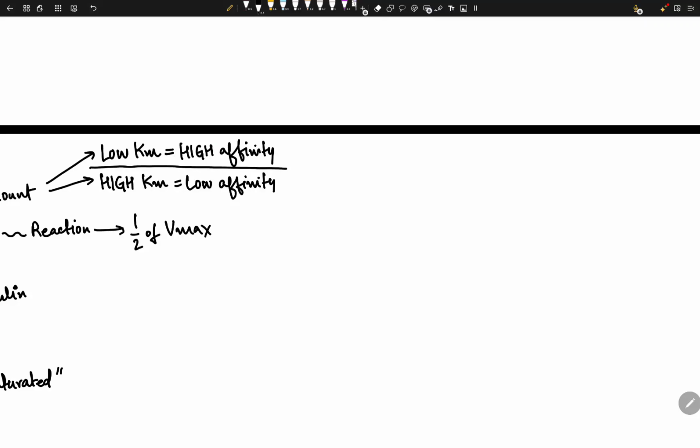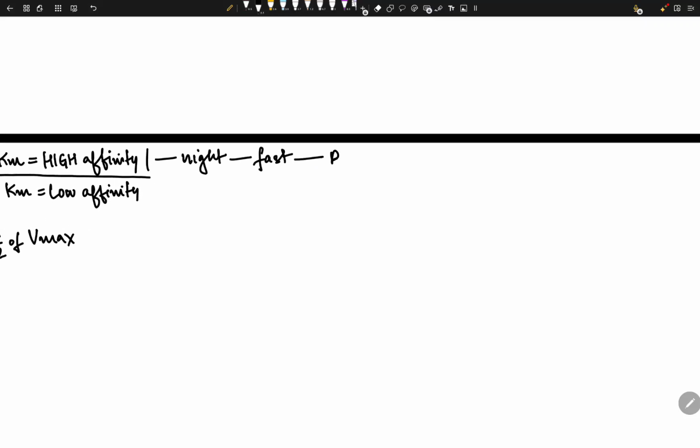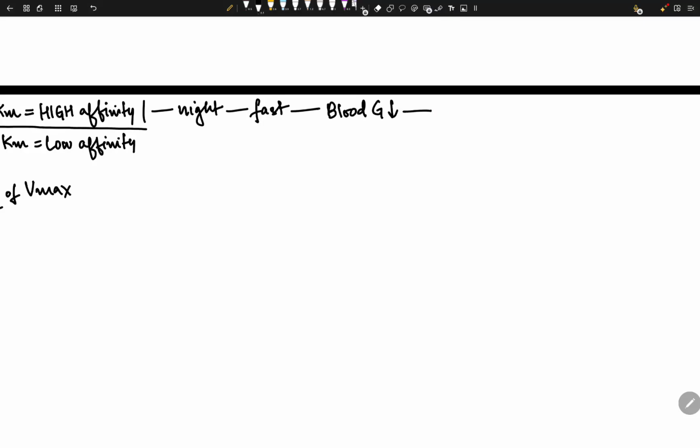Absolutely not. Hexokinase must work. So you slept, you had a huge fast, your blood glucose went down. What happened to your brain? Nothing. Why? Because hexokinase was working.